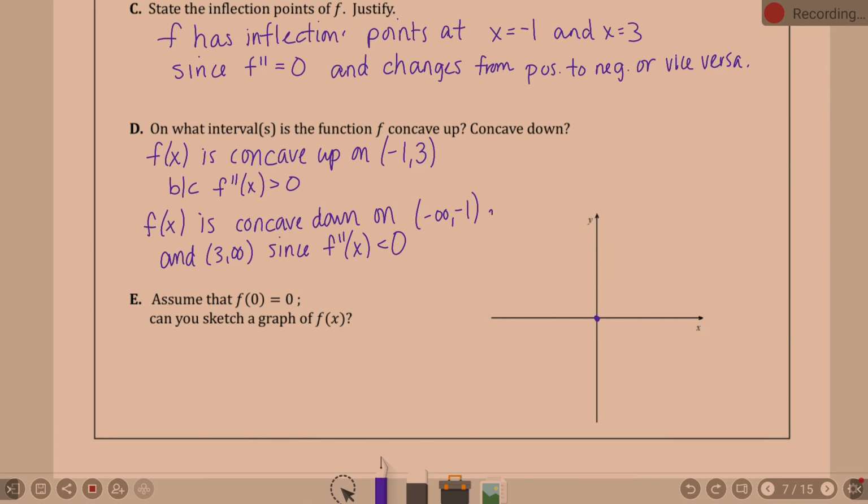Let's see. Part B said that there is a max at where? A and C, and a minimum at B. A was approximately over here. B and C are approximately over here.